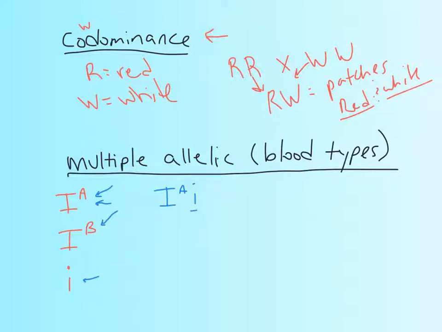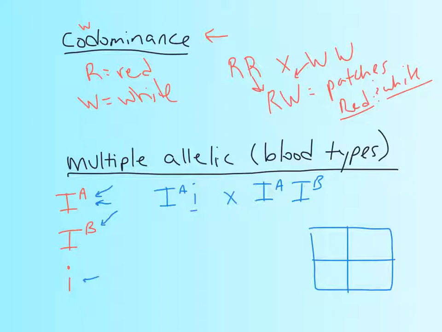It's a type A. Let's cross that with somebody that has, let's go, type AB. All right, type AB. So obviously to have AB, you need a type A allele. There it is. And your other allele is a type B allele. And there you go. There's your type AB. Now it's just a regular Punnett square. It's kind of small, so it's going to be hard to write these things in there.